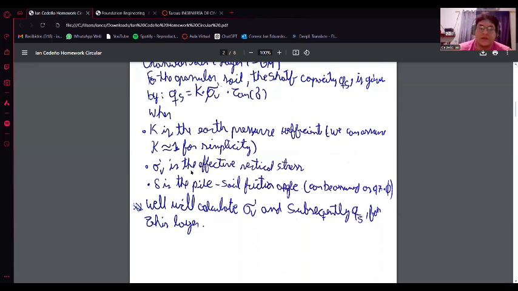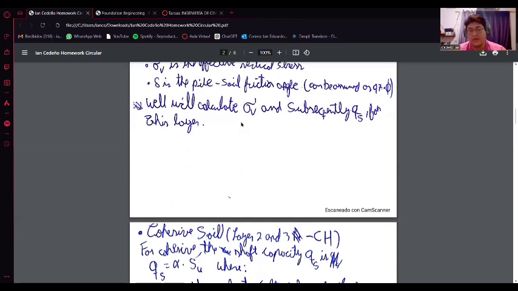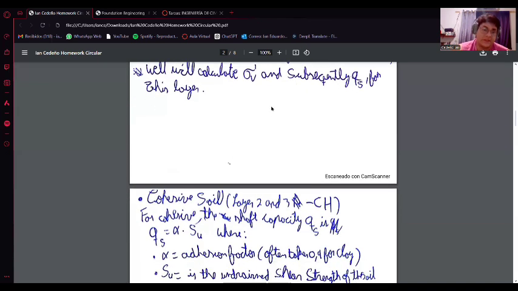This is the effective vertical stress, and the other term is the soil-pile friction angle, which we're going to assume is 0.7 times the angle. Well, we're going to calculate this parameter that we don't know. So we get q for this layer.